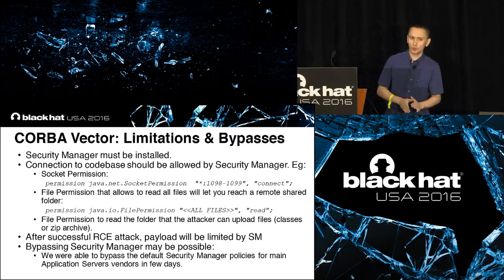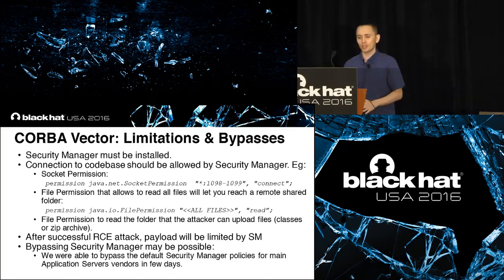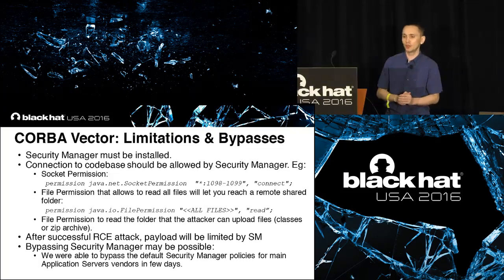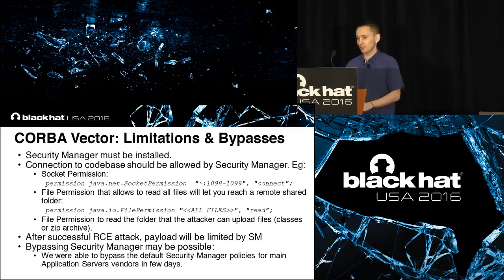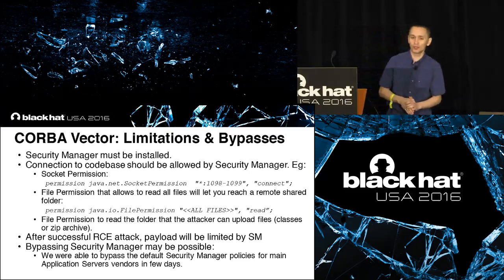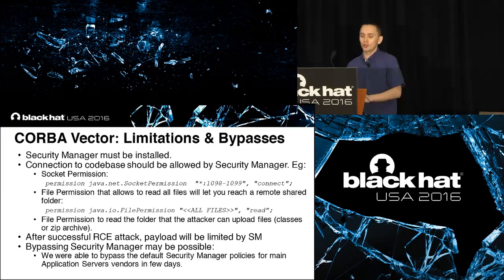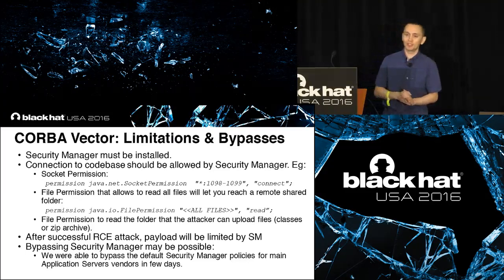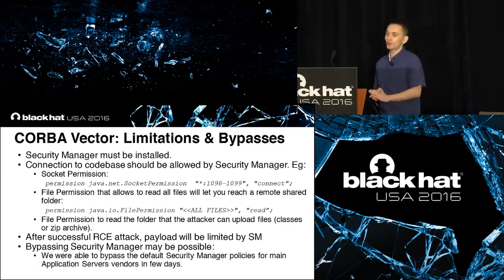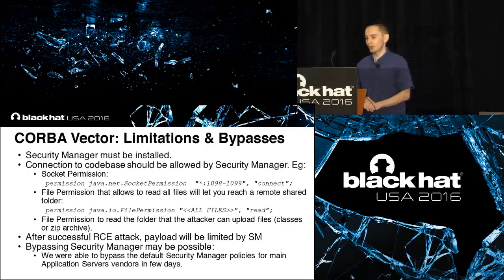Okay, let's imagine that we achieved remote code execution, but our Java code will be limited by the security manager because it's loaded from an untrusted code base. We are maximalists and wanted to get AllPermission for our malicious code. So we installed and configured a few application servers from well-known vendors, enabled the security manager with default security policy files, and tried to get this AllPermission.